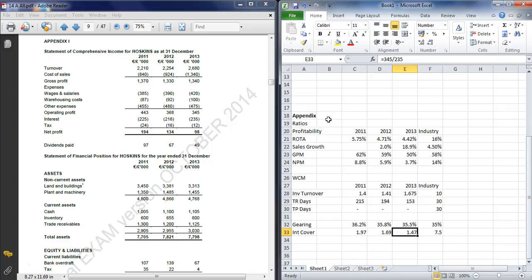Because if you're only covering 1.5 times, if you have any further fall in profitability, you may not be able to pay your interest and you may actually become in default, which the bank may then take over via receivership. So that is a worrying trend. Gearing is okay, but in terms of a trend, it's disimproving, so it's getting lower, and it's way off the industry average. But that's all the comments you need to make. Save your recommendations then for Part B.